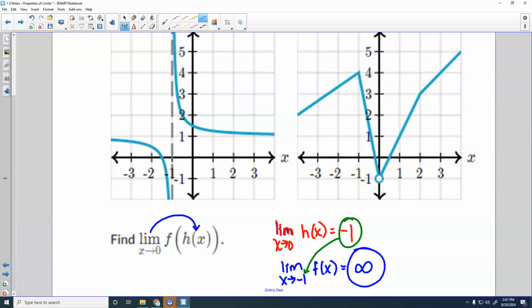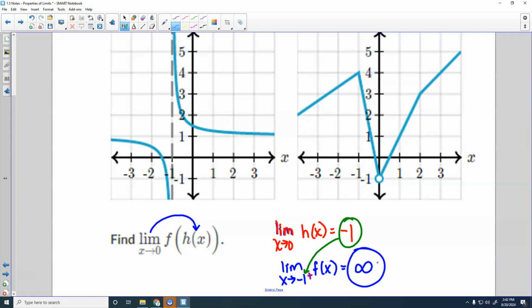So since from either side I start with values bigger than negative 1 and get closer to negative 1, I'm approaching from values larger than negative 1, which is the right whenever you are over here. So right here, you're really approaching from the right-hand side. And so if I do this as I approach from the right-hand side, then I would get positive infinity for this answer. It would have to be both sides are bigger.